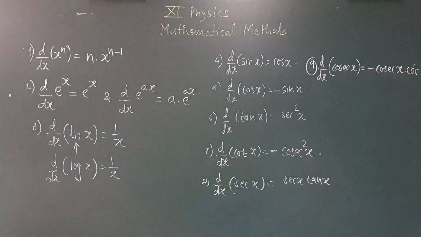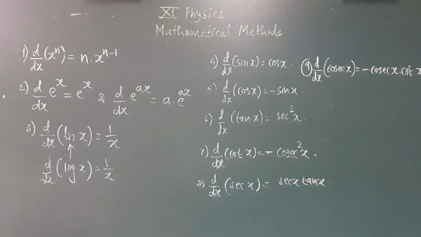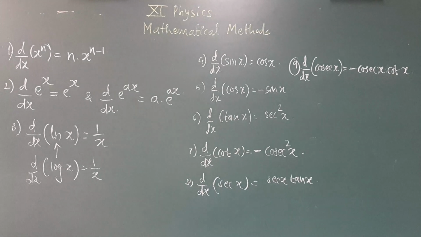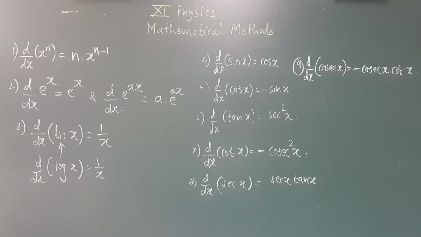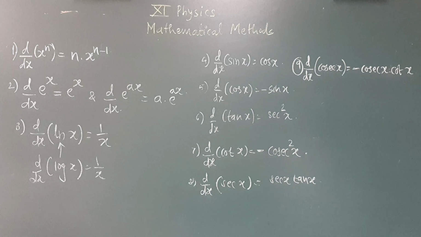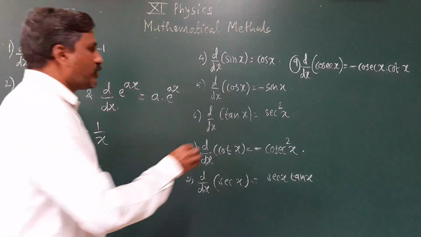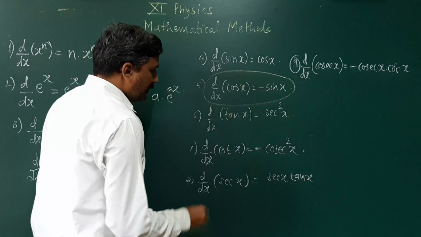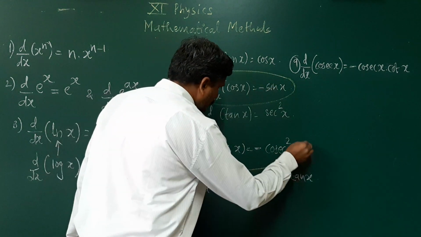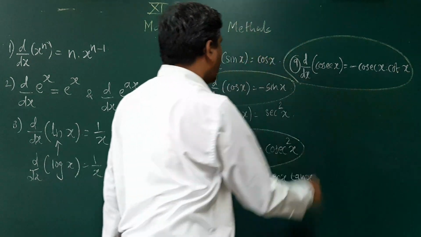These are the rules for differentiation. Now how do you remember this? When you observe the rules of the trigonometric functions, concentrate on three rules: the fifth one, the seventh one, and the ninth one.